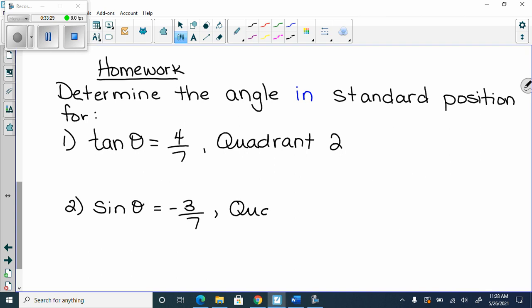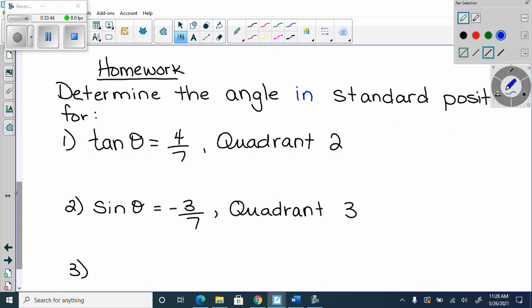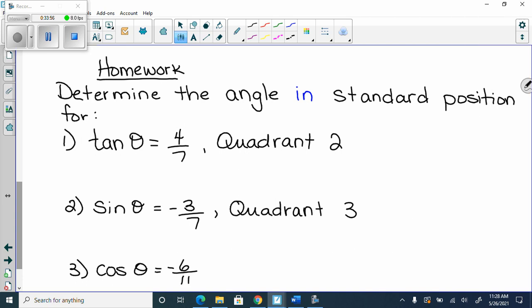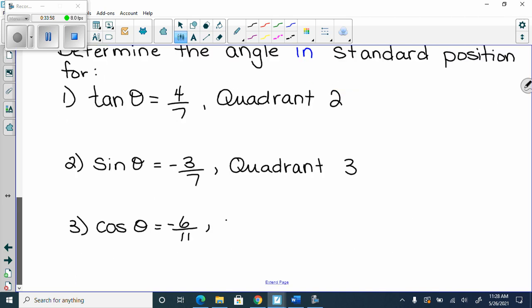Quadrant 3. And then 3, I already did tan, so I'm going to do cos. Cos theta equals negative 6 over 11, because that sounds fun. Quadrant 4.